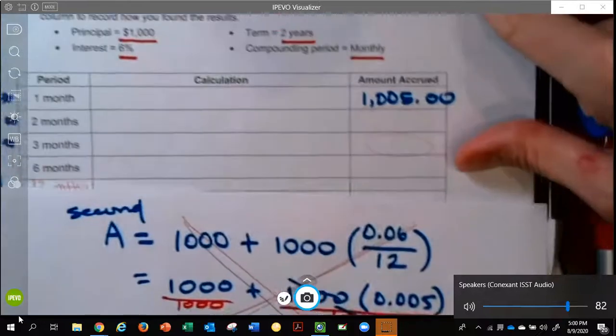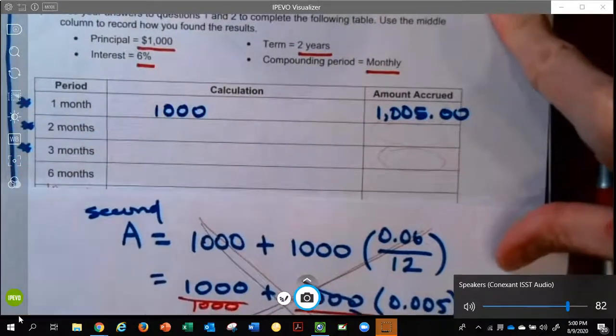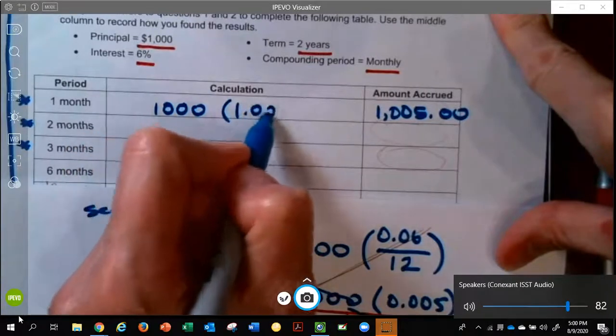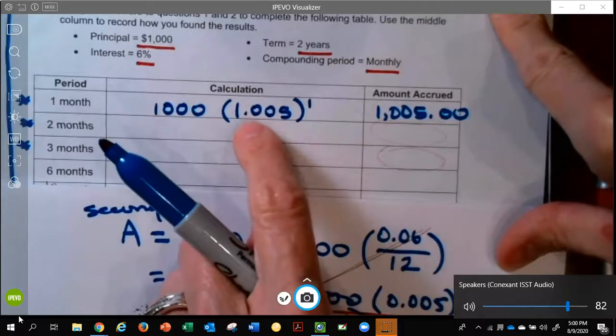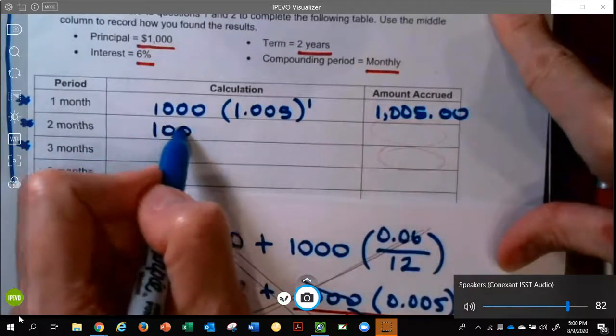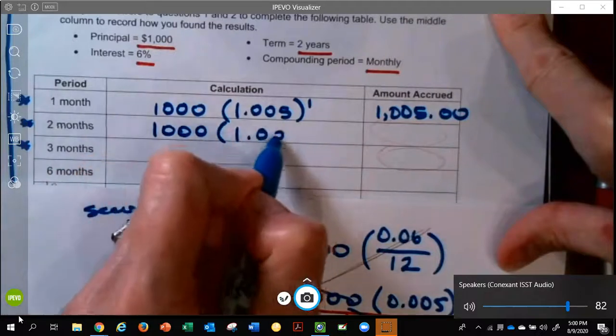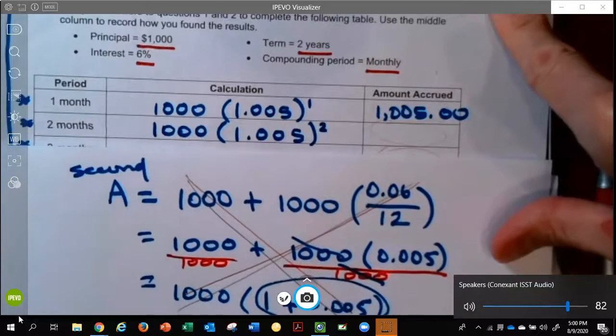So in other words, right here ends up being 1,000 times 1.005, and it's actually to the first power. Then when I multiply in another one, which was this times another one of those, I get 1,000 times 1.005 to the second power, because it's now the second month.